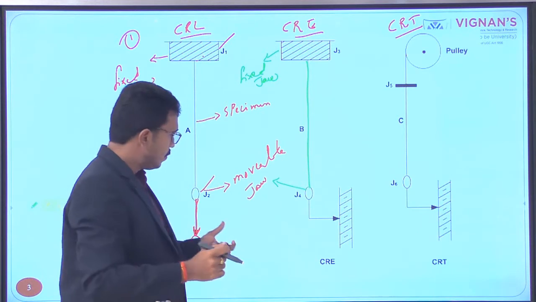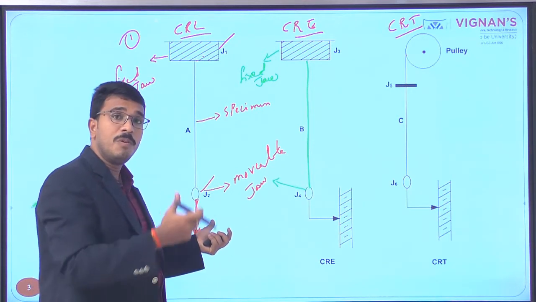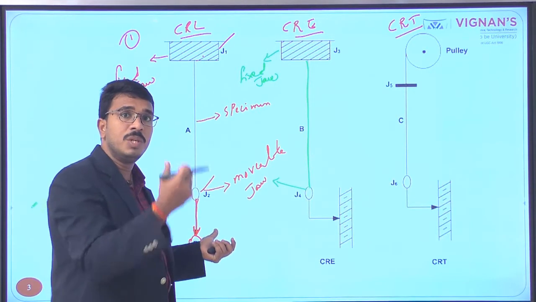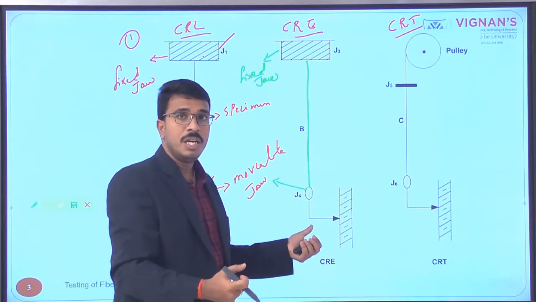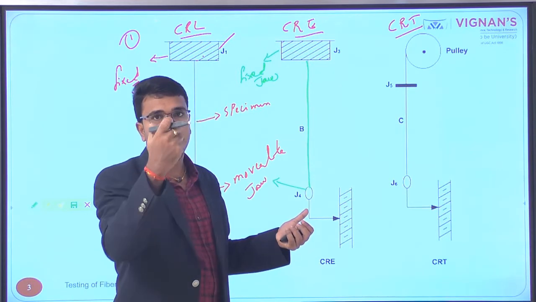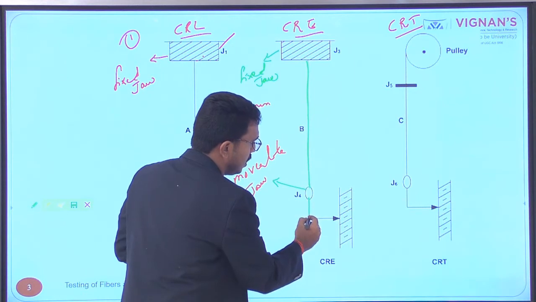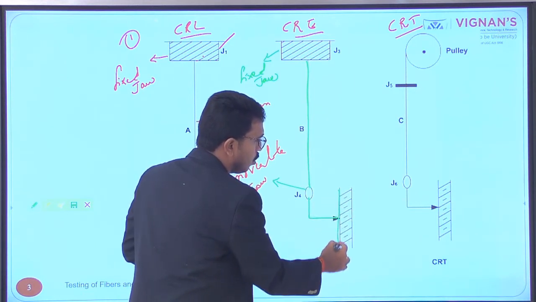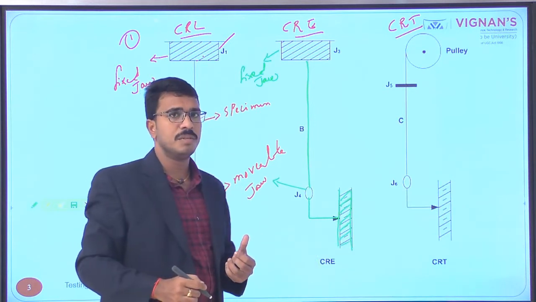But you can observe one difference. Here, with the help of a suitable loading mechanism, we are just pulling the bottom jaw straight away. But here it is not pulled straight away; this bottom jaw is connected to a screw type mechanism.